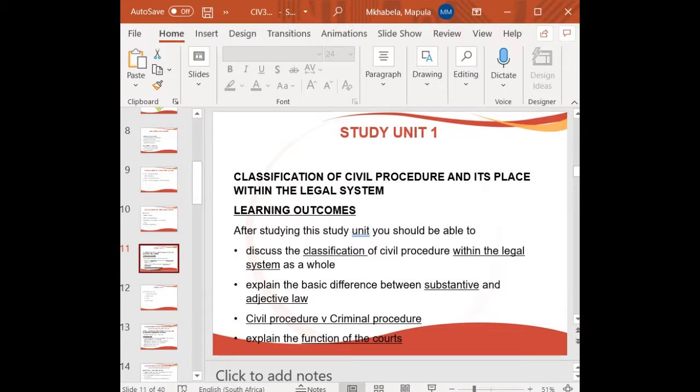After studying this study unit, you should be able to discuss the classification of civil procedure within the legal system as a whole. You will explain the basic difference between substantive and adjective law. You will have to distinguish broadly between civil and criminal procedure and ultimately explain the function of the courts.